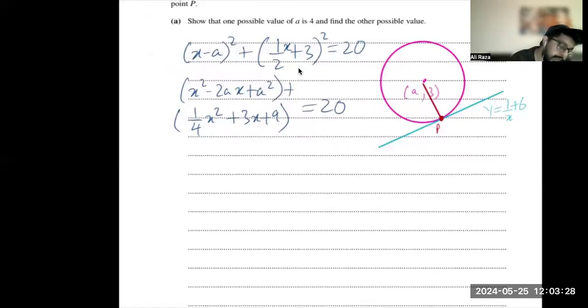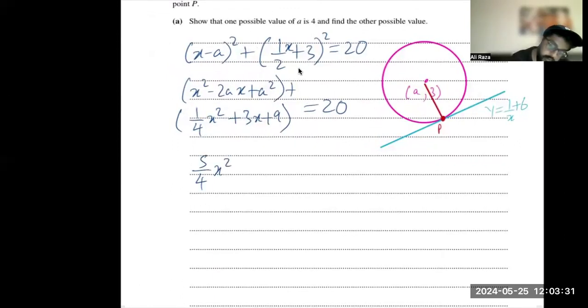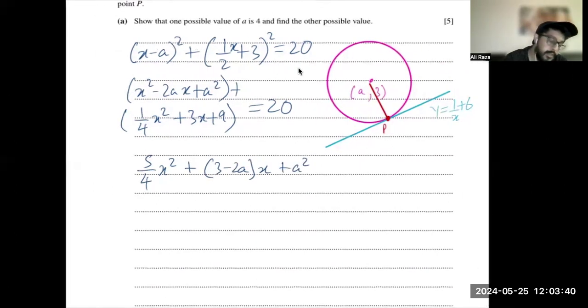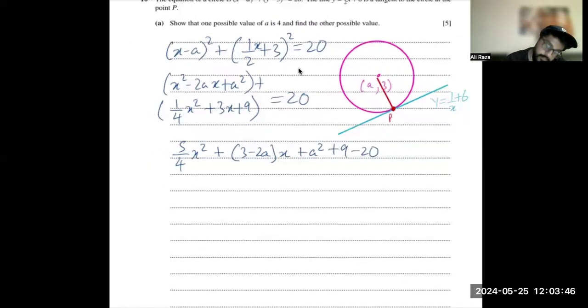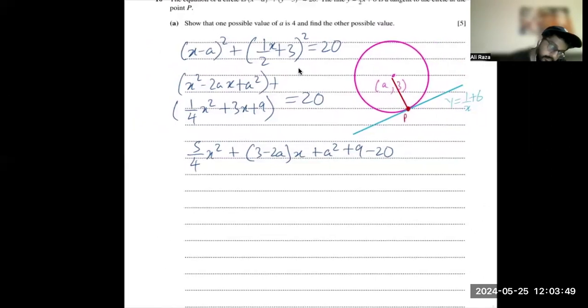When I add these two brackets, I get 5 over 4 x squared plus (3 minus 2a)x plus a squared plus 9 minus 20. This is our equation.